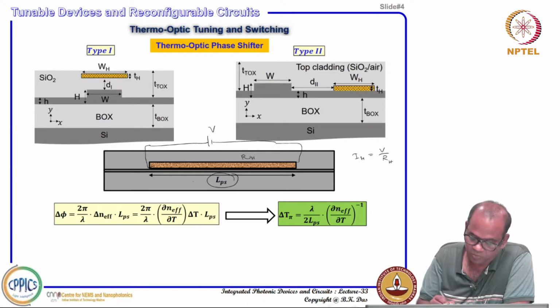We have seen that the phase shift for a phase shifter length of L PS is delta phi equal to 2 pi by lambda, where lambda is the operating wavelength.